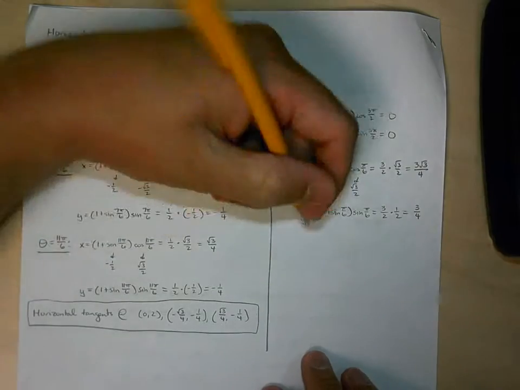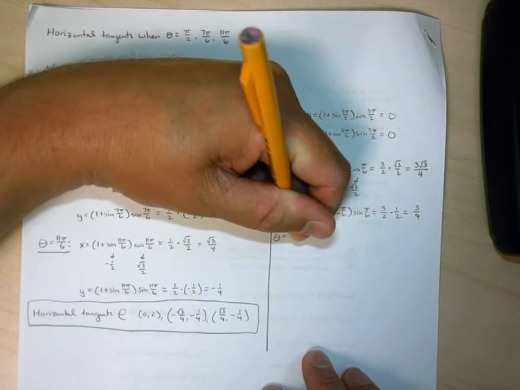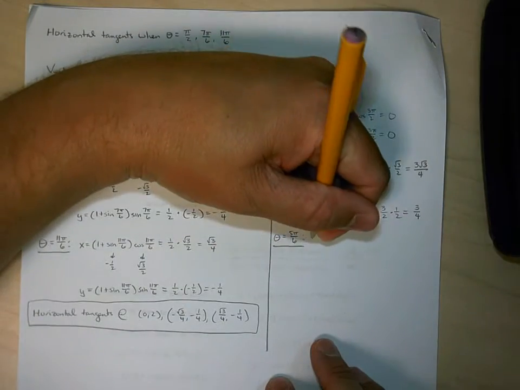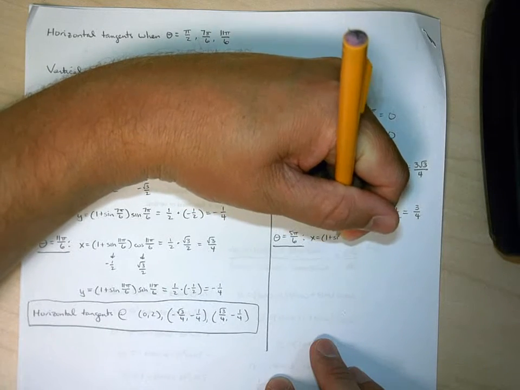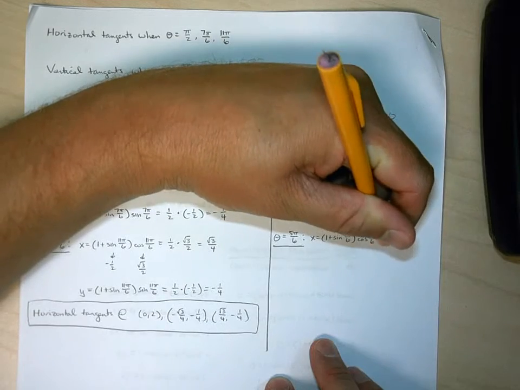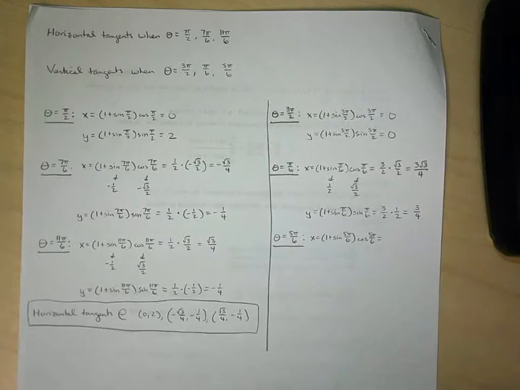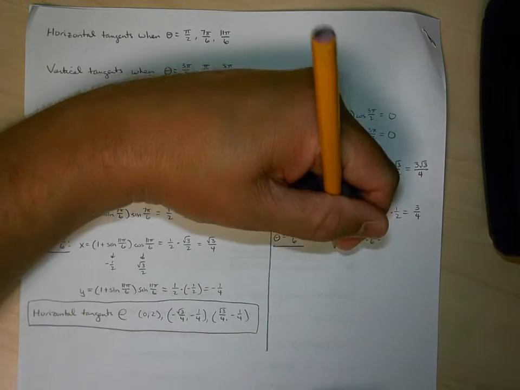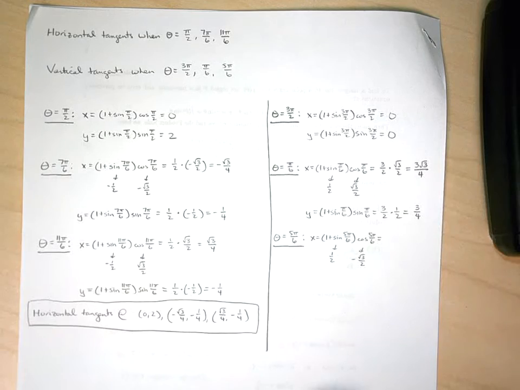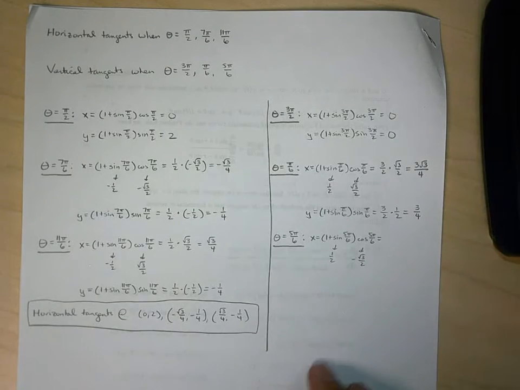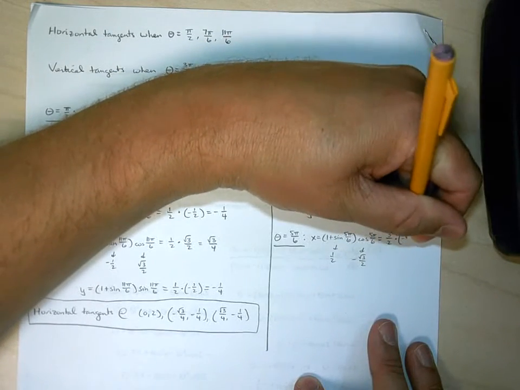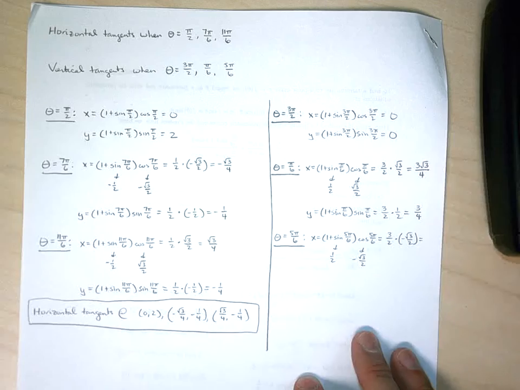Lastly, at 5 pi over 6, x is going to be 1 plus the sine of 5 pi over 6 times the cosine of 5 pi over 6. The sine of 5 pi over 6 is half. The cosine of 5 pi over 6 is negative square root 3 over 2. 1 plus half is 3/2 times negative root 3 over 2.